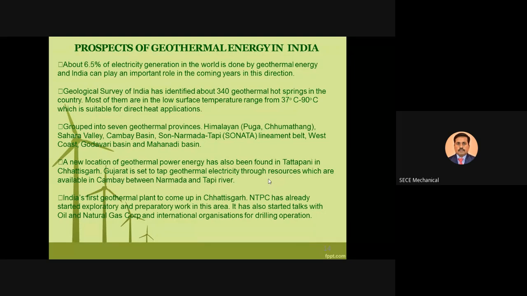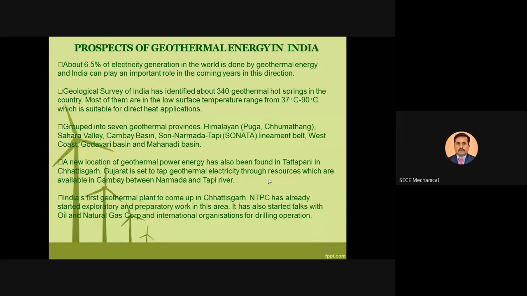We can see the hot spring areas in India. With the help of these 340 geothermal hot springs, we can develop heat energy, and that heat energy can be used for power generation.